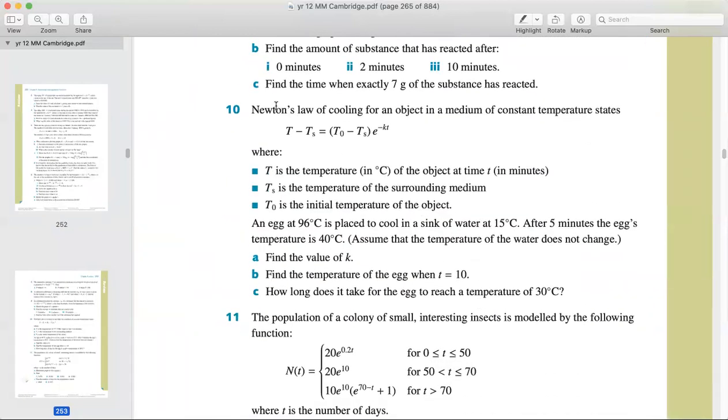And this one is Newton's law of cooling of an object. This one is actually covered in our Specialist course, where they have to know how to construct the differential equation and solve it. But in Math Methods, we're just directly given it. But again, you need to be familiar with what's going on over here and know the model.